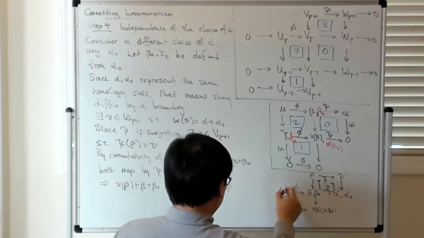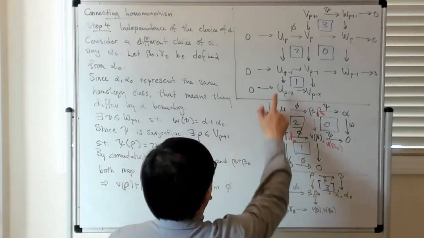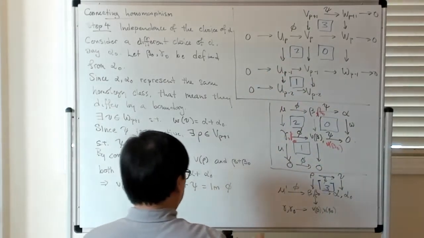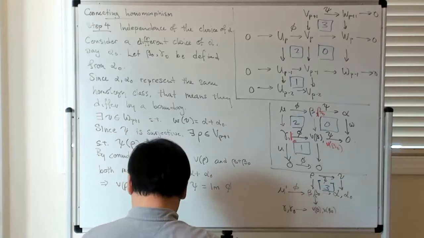Which means that there's something here, let's call that mu prime, in U P, which maps to this sum.